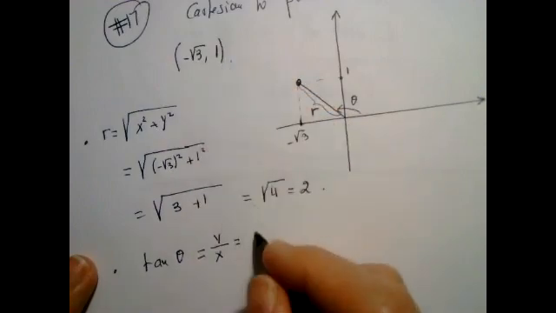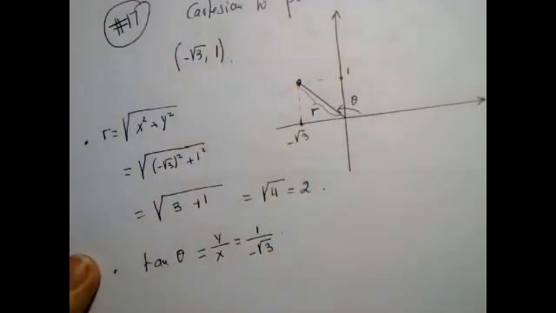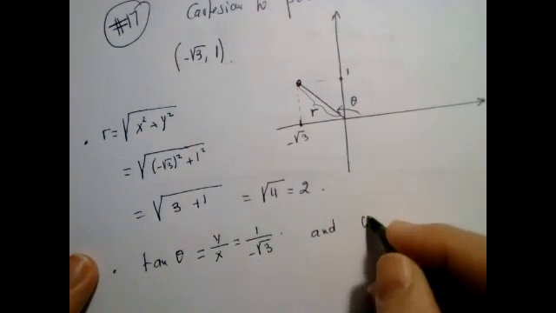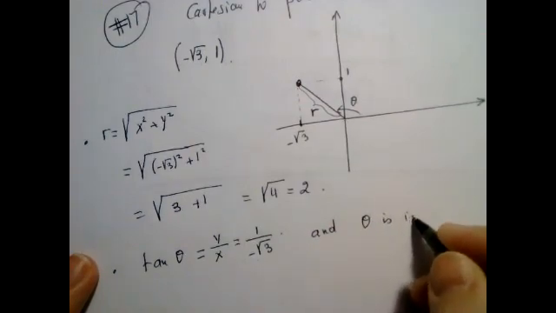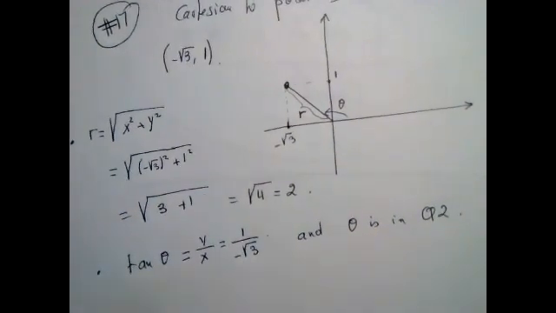So my y is 1 over minus the square root of 3. And that's important: theta is in the second quadrant. Be very careful with the location of theta. The tangent is -1 over square root of 3, and theta is in quadrant 2. So what is going to be theta?